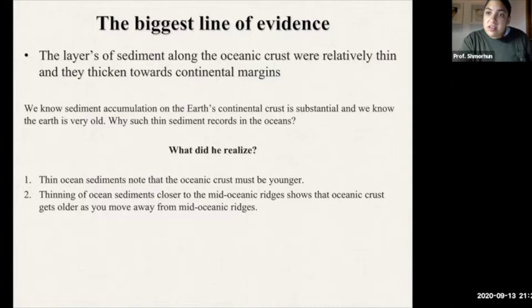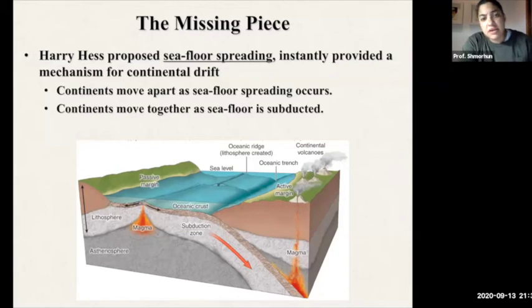And thus, the second line of evidence and observations that he had was that the thinning of these oceanic sediments closer to the mid-oceanic ridges shows that the oceanic crust gets older as you move away from the mid-oceanic ridges. In the late 1950s, Harry Hess, after studying the changes in sediment thickness as you move away from the mid-oceanic ridge axis, stated that the ocean floor must be a lot younger, based on those sediments, than the continents itself.